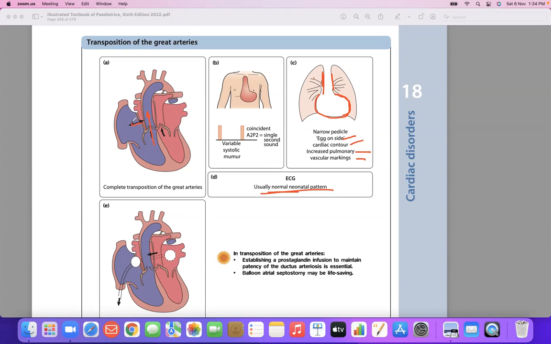So you need mixing, because when the oxygenated blood mixes with the deoxygenated, then only the baby can survive. If there is no mixing, the palliative procedure here will be the balloon atrial septostomy.